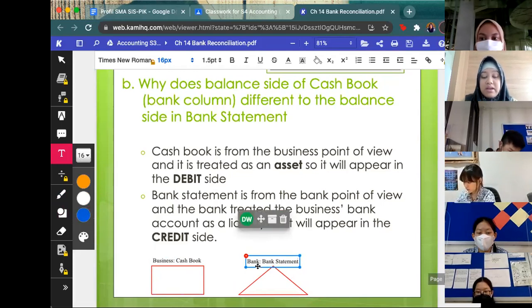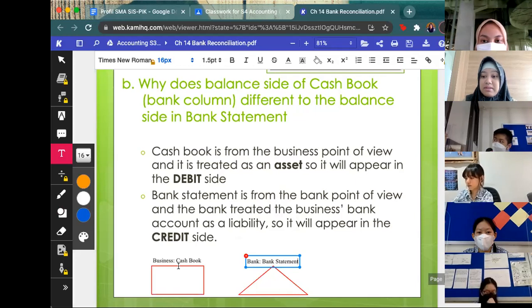Now, talking about records, in accounting you will find debit and credit. So in the cash book you will see debit and credit as well, and in the bank statement you will see debit and credit as well.